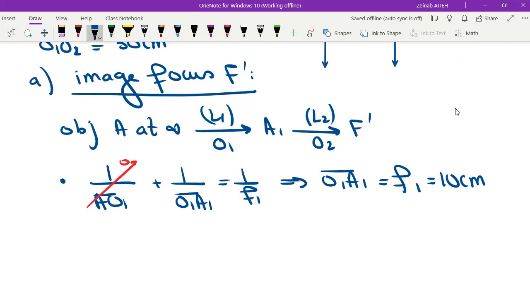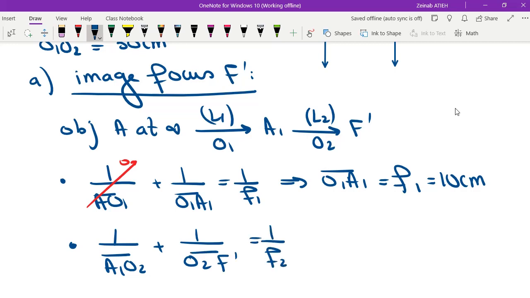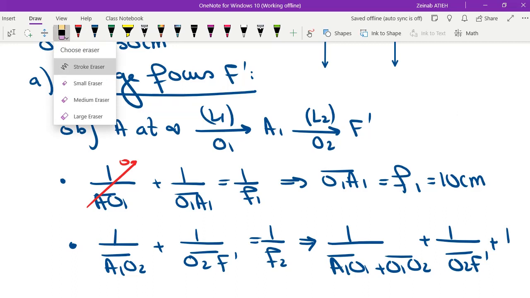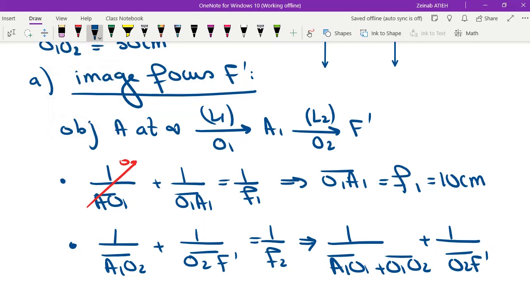Now I will do the same for the second lens. 1 over A1O2 plus 1 over O2A prime, I've called it F prime, equals 1 over F2. أنا عم فتش على F prime. لقيت ال A1 بالنسبة لل O1, so I will insert the letter O1. A1O1 plus O1O2 like this, plus 1 over O2F prime equals 1 over F2.